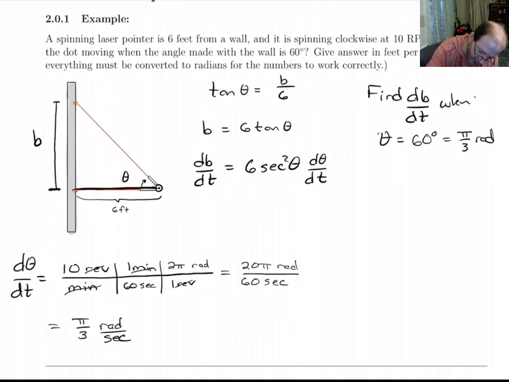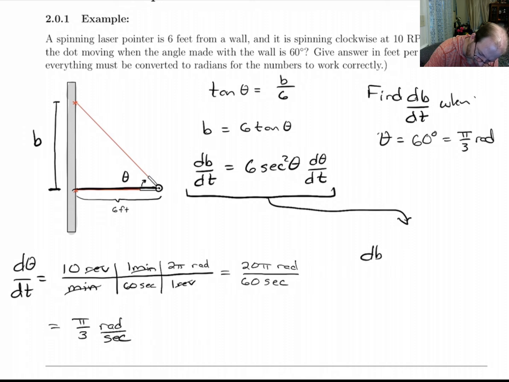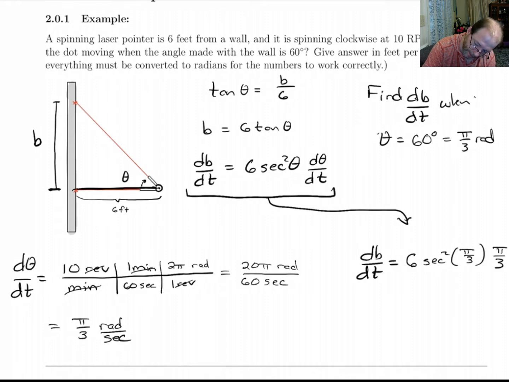So now all I need to do is plug these into here, and it'll give me the answer I want. So plugging in, db/dt is equal to 6 secant squared of pi over 3 times d theta/dt, times pi over 3. All right, let's see. So that's 6.